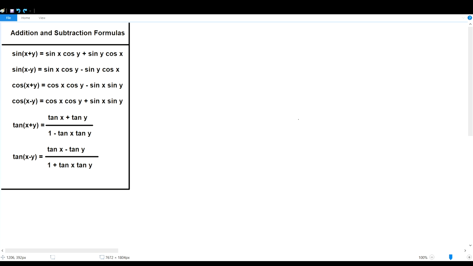So for the sine ones, I like to remember them as you have the sine and you have the cosine, so the sine of x and the cosine of y, plus the opposite, so the sine of y and the cosine of x. So if you have plus, you have plus. So if you have a plus over here, you have a plus over here. And the exact same is for the subtraction. So if you have a minus over here, you also have a minus over here. So sine is the same.